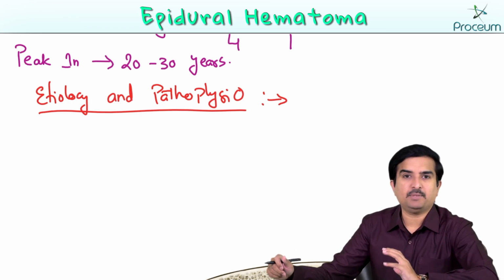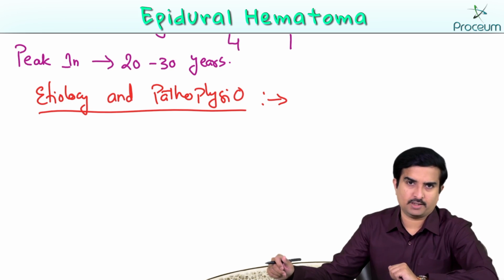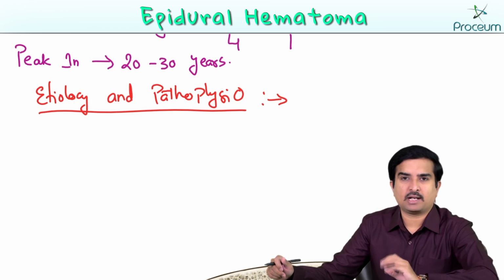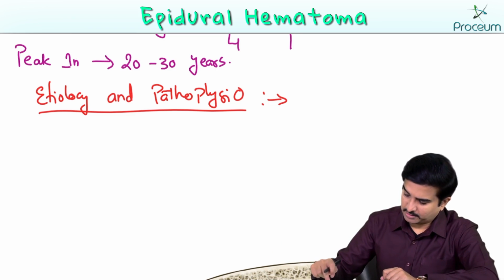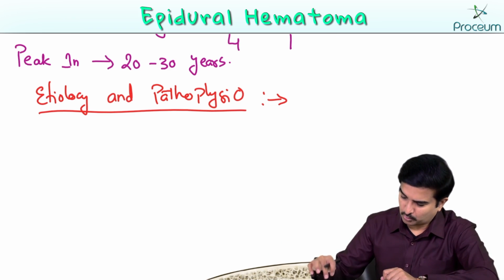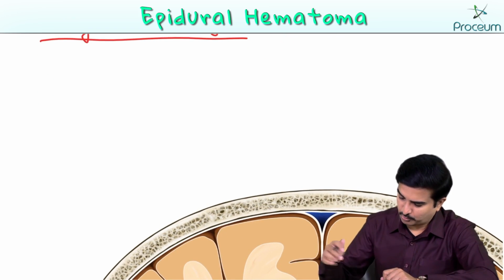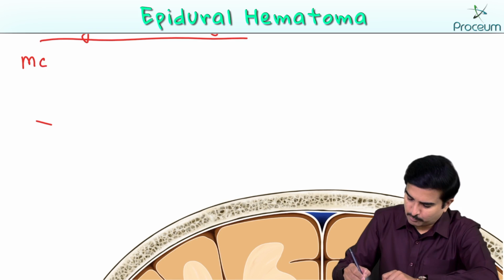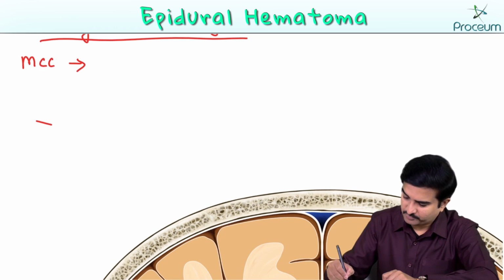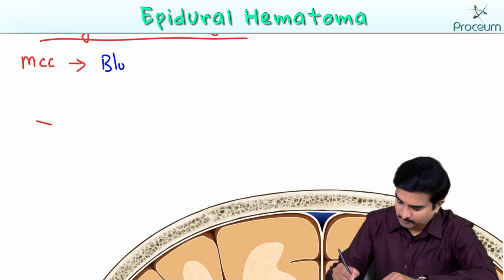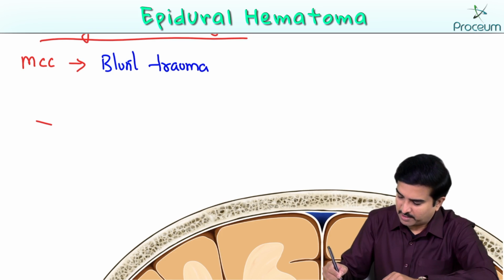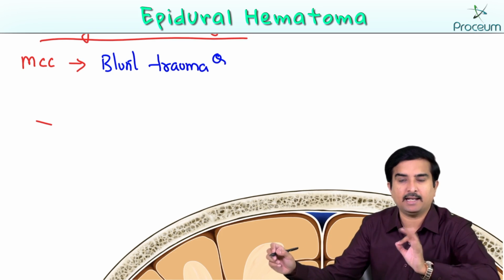How are these epidural hematomas formed? These epidural hematomas are caused by blunt trauma to the head. What will be the most common cause over here? Concentrate on these points. The most common cause is blunt trauma to the head.